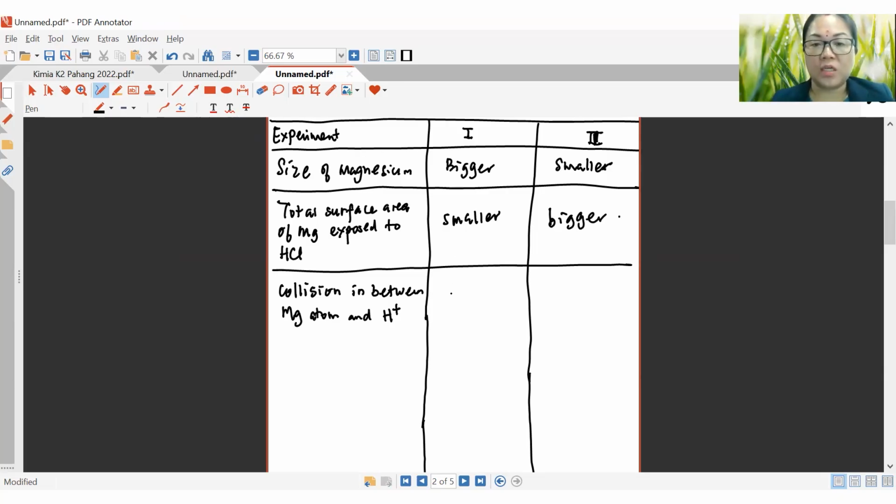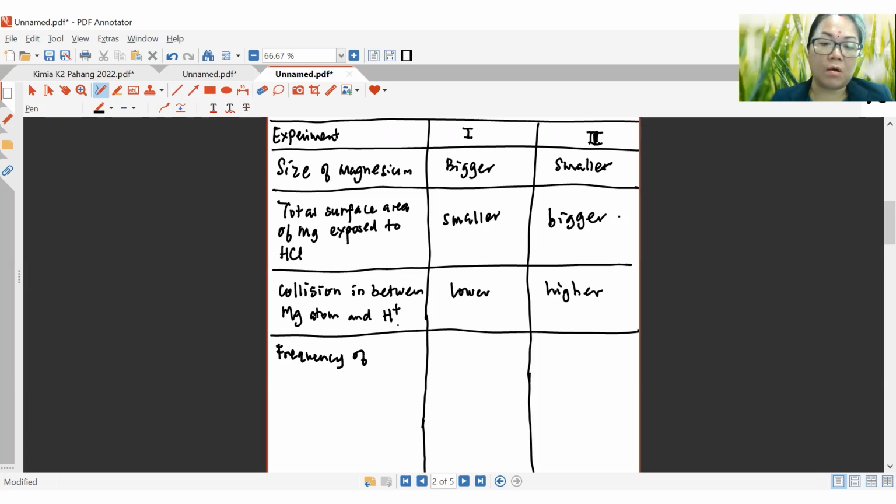So collision between 1 and 2: 1 is lower, this one will be higher because it's widespread. So the frequency of effective collision, this one will be lower, set 2 will be higher.